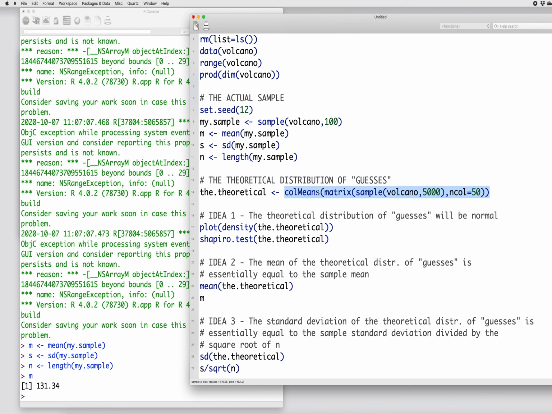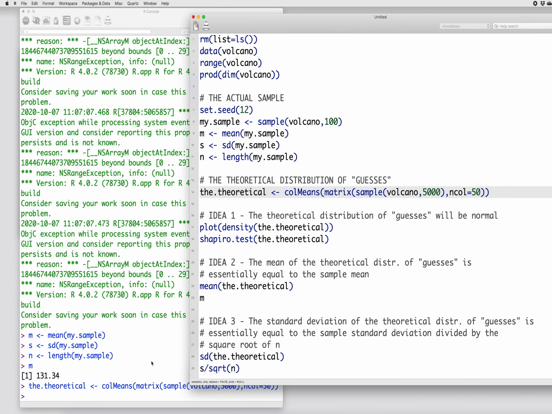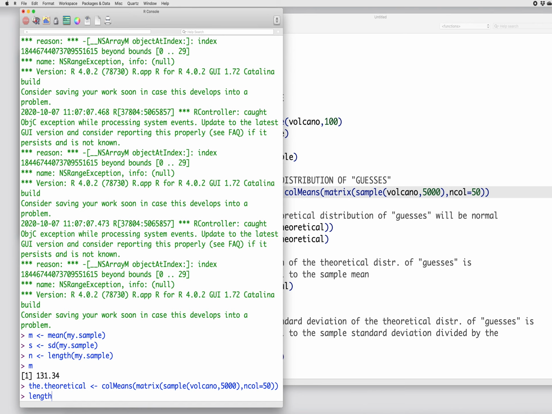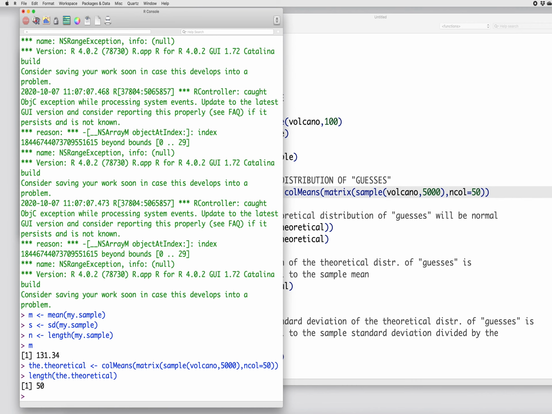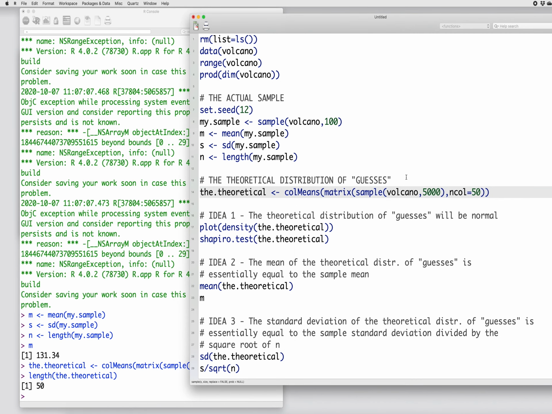And then I'm finding the means of each one of those samples. I'm calling it the theoretical distribution just to emphasize the fact that it is a theoretical distribution that normally does not exist, but we're calculating it here so that we can show you how that works. So we have a theoretical distribution of guesses about this volcano's mean.